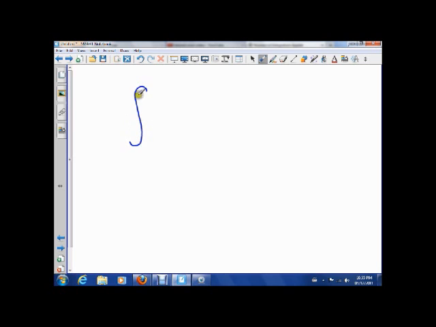It's a long letter S, of x to the n is equal to x to the n plus 1 over n plus 1.